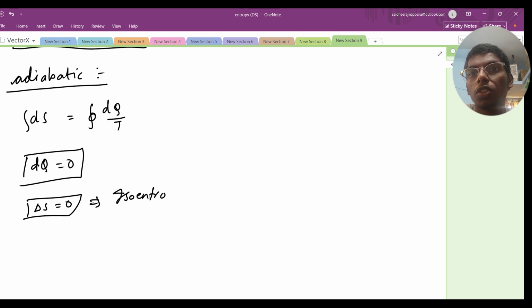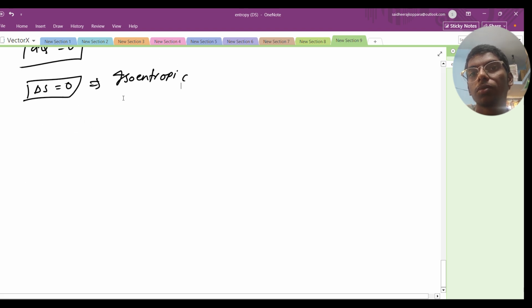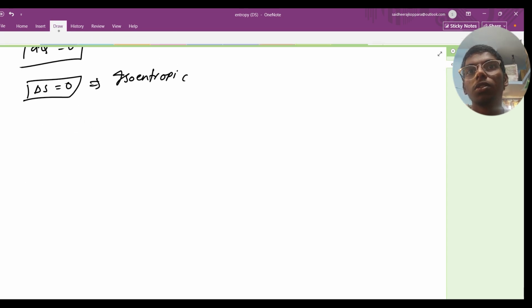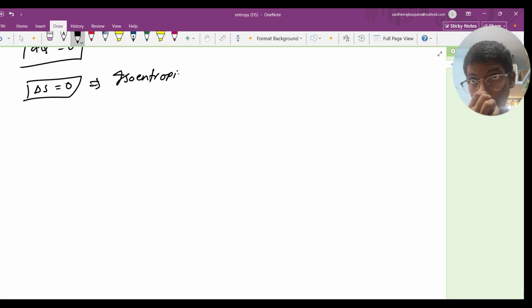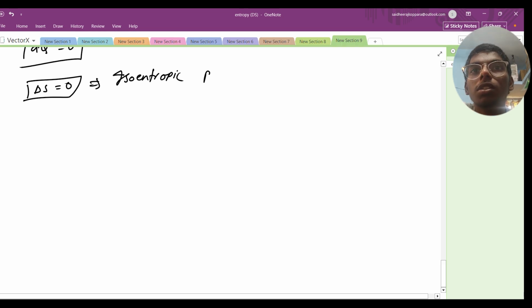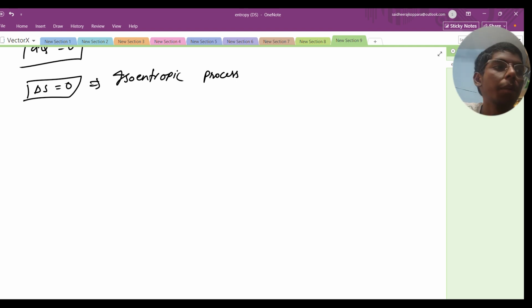So this is called an isentropic process. Okay, so the entropy remains constant throughout this one. These are the basic ideas which will be required for solving our question, the matrix match.